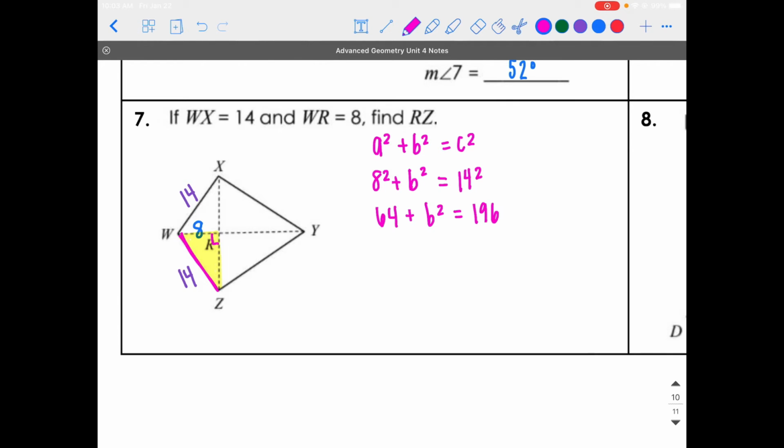And then if I subtract 64 from both sides, we get B squared equals 132. And then we take the square root to get B equals 11.5.